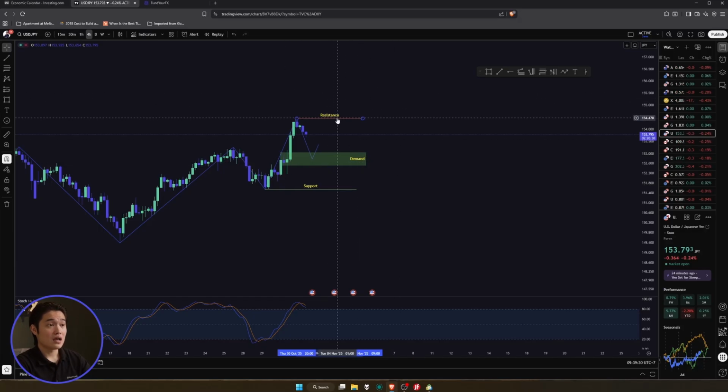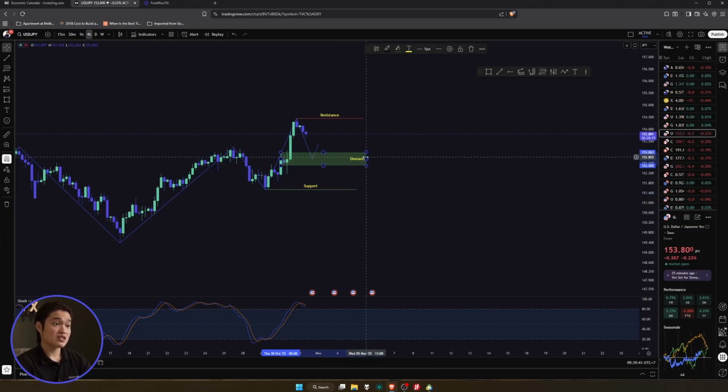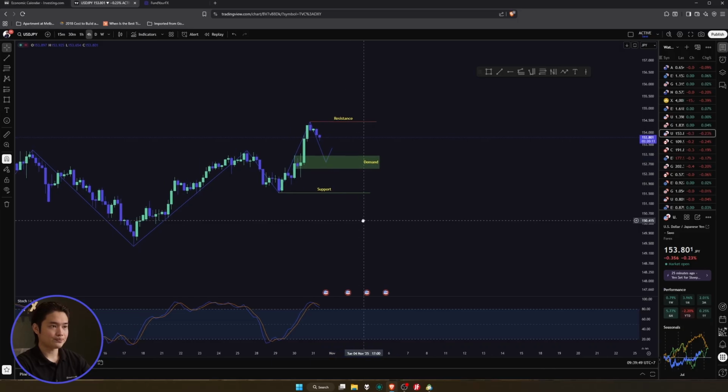which is right there. The last previous resistance came at around 154.447, and the previous support came at around 151.539, and the demand zone came at 153.063 until 152.505.